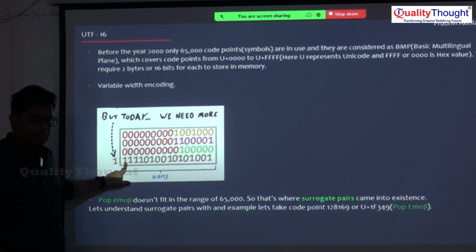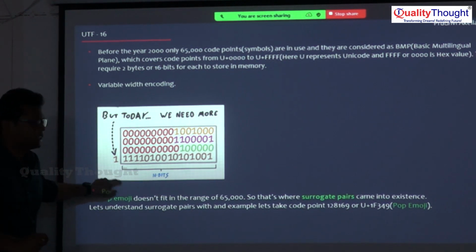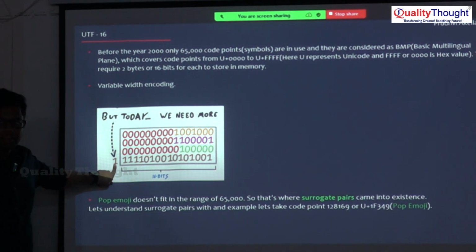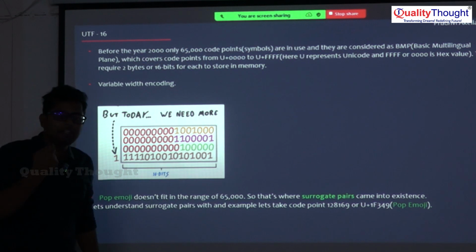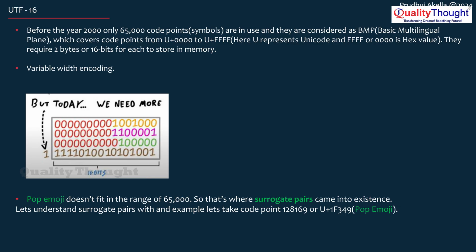The poop emoji doesn't fit into the 16 bit. You still have one outside. See this? That means you require one additional cell to convert the poop emoji decimal number into binary. Am I right or wrong?